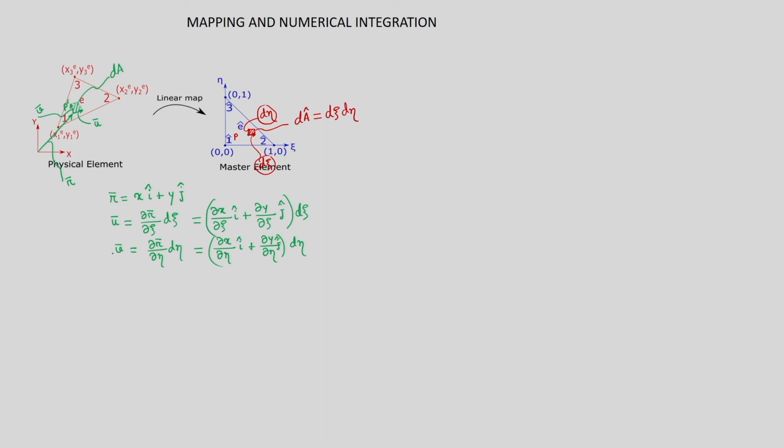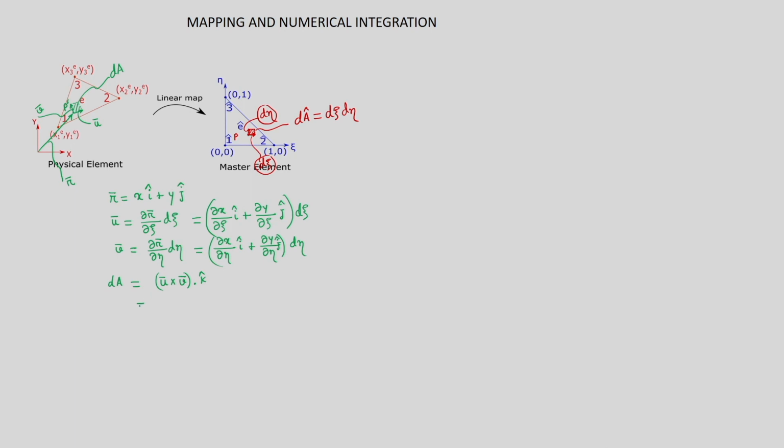Now, once we know u and v, we can find the area dA in the physical element by taking u cross v, and to find the magnitude, let us take the dot product of that with respect to the unit vector k. i cross j is basically k. So, if I take u cross v, what is that? i cross j gives k, and j cross i gives minus k.